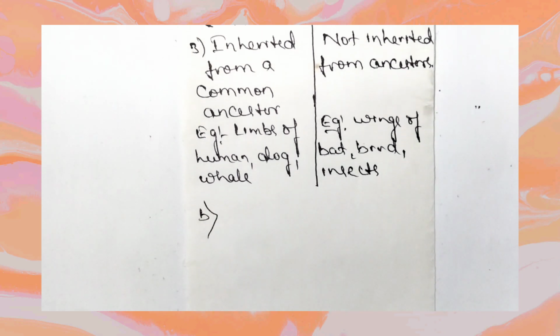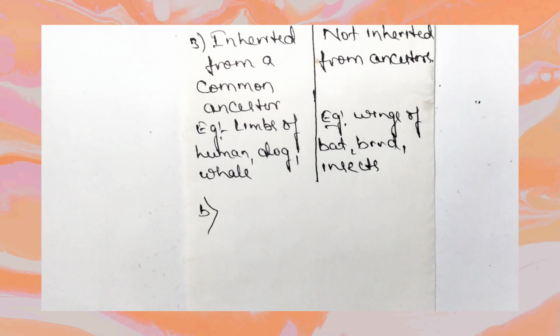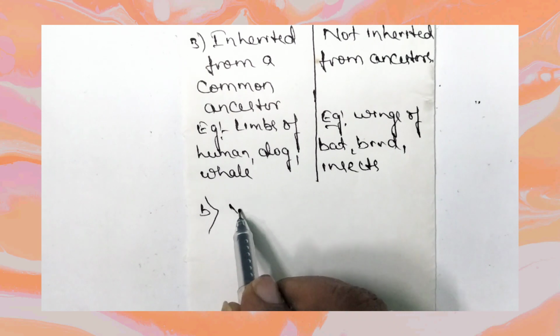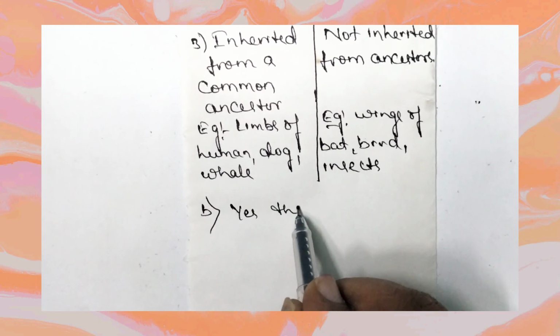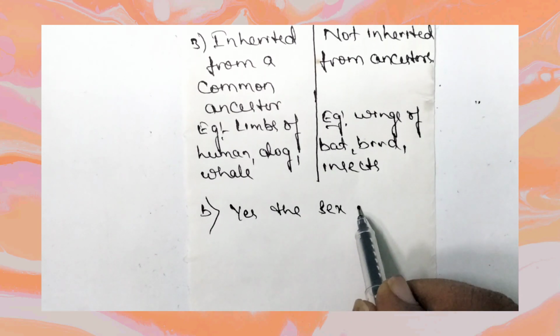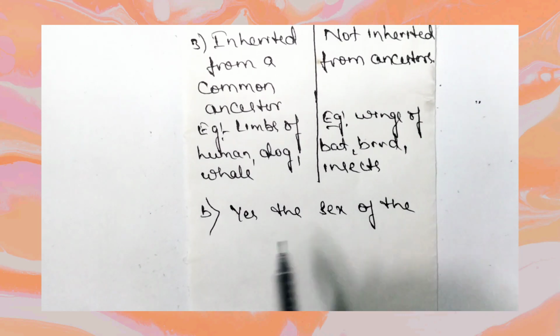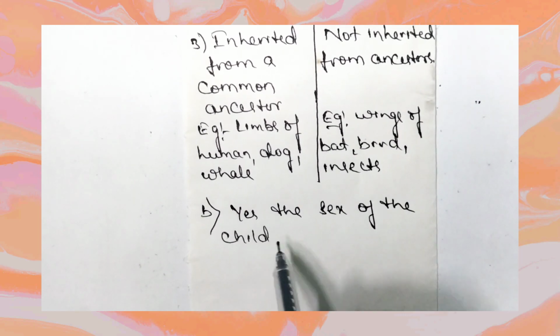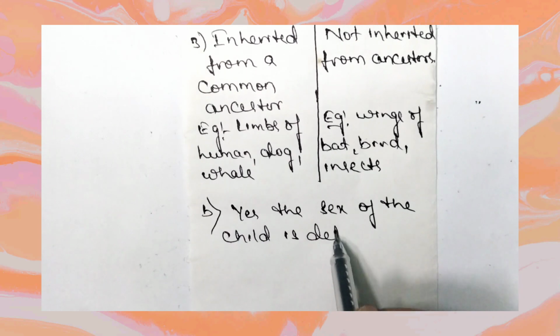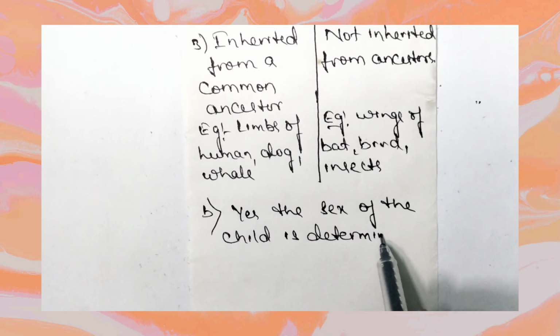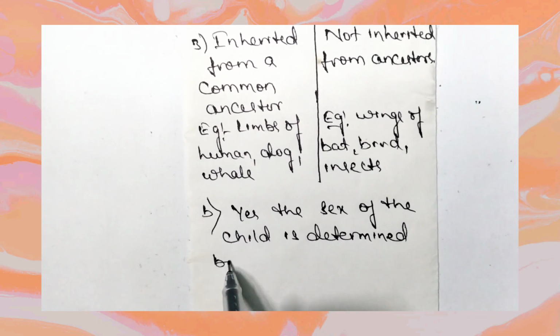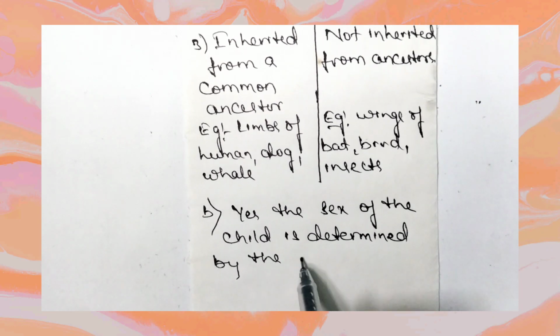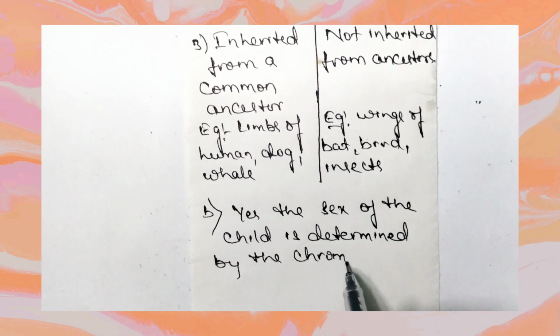We have to write: the sex of the child is determined by what they inherit from their father. Justify this statement. Yes, the sex of the child is determined by the chromosomes of father.